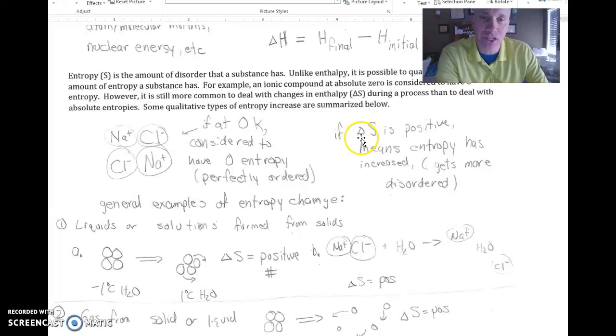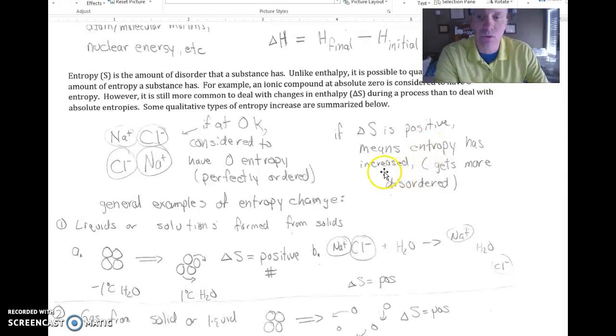So change in entropy is going to be delta S. And if delta S is positive, so remember, S is essentially a measure of the disorderedness or the messiness of a compound. If you have a positive change in your entropy, that means your entropy, your disorder, is going up. So if it's positive, that essentially means that it's becoming more disordered over time.